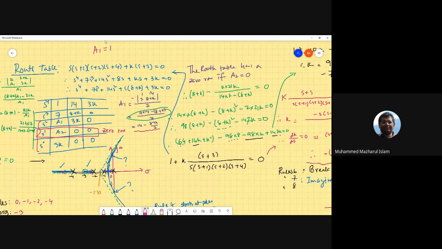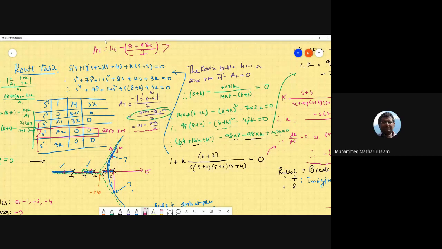A1 will be 14 minus 8 plus 9.65, that's the value of k, divided by 7. Can you check whether this is positive or not? Positive, right. So what is the value? Anyway, 11.47.